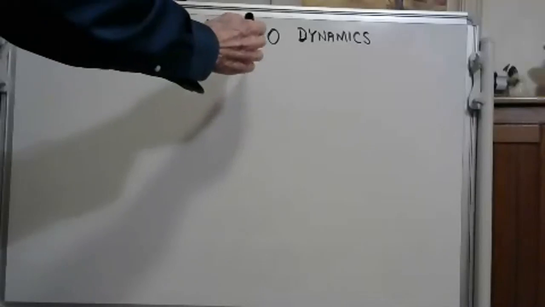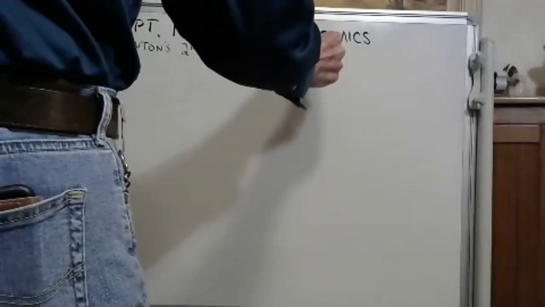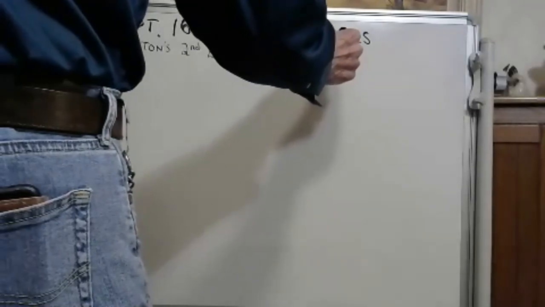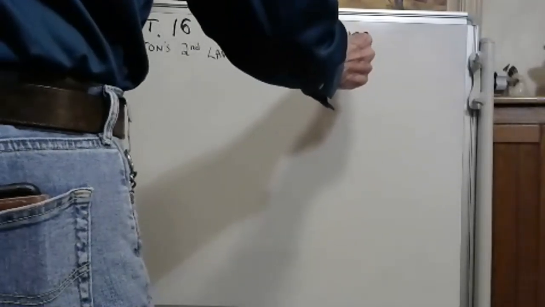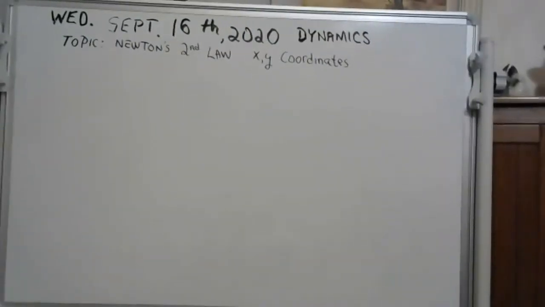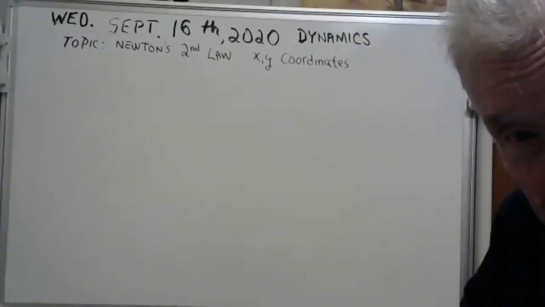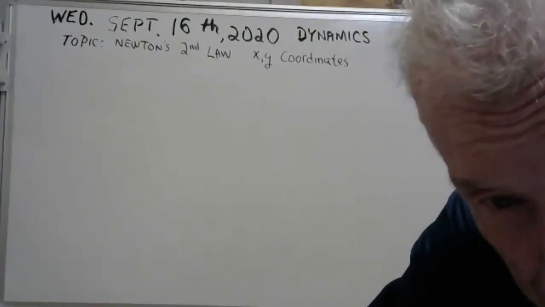And I think we're still in the XY coordinates. And next time we'll get into the normal tangential components and the other one, radial transverse components.